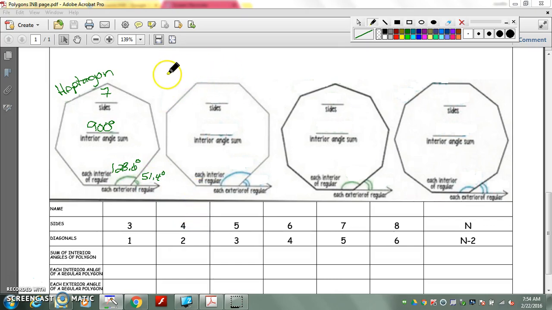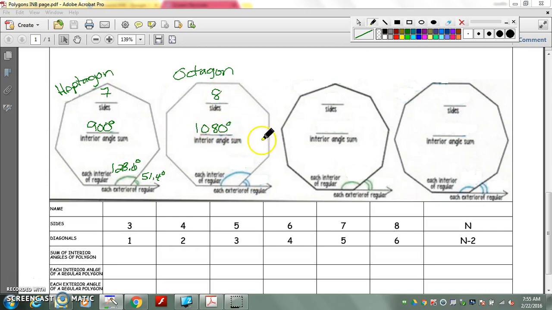Our octagon gives us 8 sides. I can create 1, 2, 3, 4, oops, I missed one. 1, 2, 3, 4, 5, 6 triangles. 180 times 6 gives me 1080 degrees.